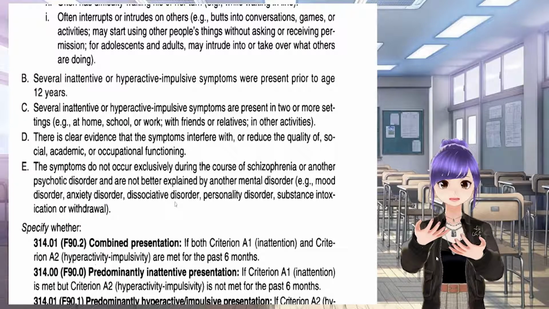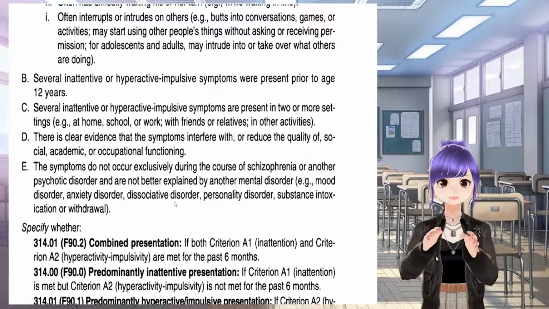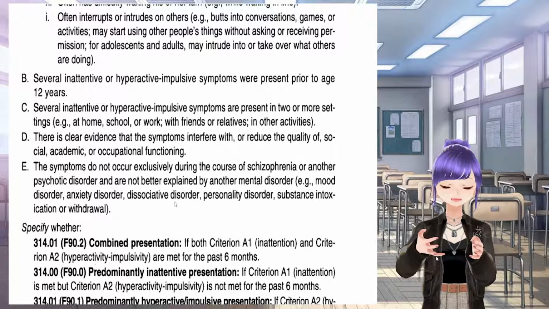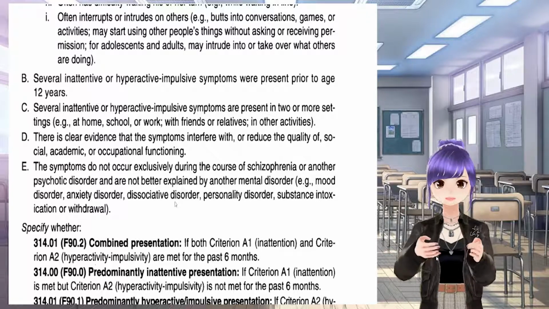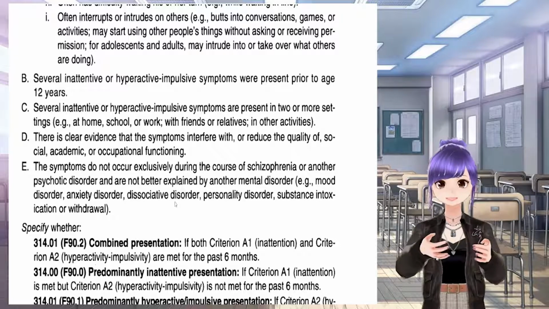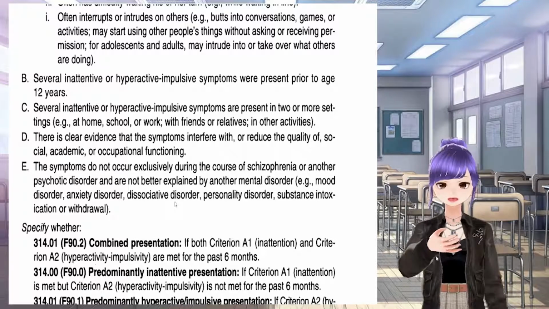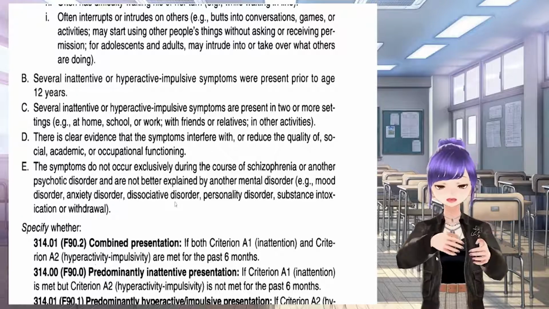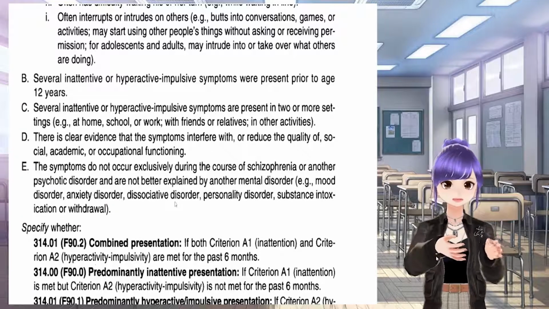And of course, it severely impacts the functioning of the child. It means that the child, for example, at school cannot finish his or her homework, or cannot pay attention to the lecture, or even disrupts the lecture, because the disruption is far beyond the normal level of being naughty or playful. So that's the difference between ADHD and the normal playfulness or being, quote unquote, hyperactive of a child that is normal.